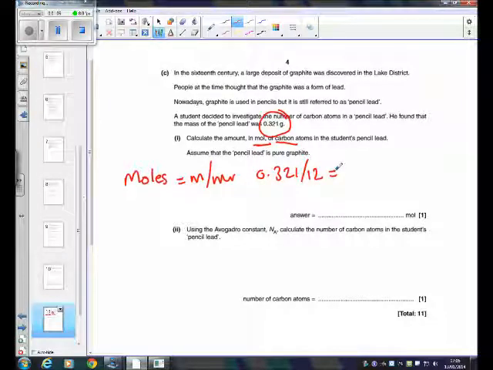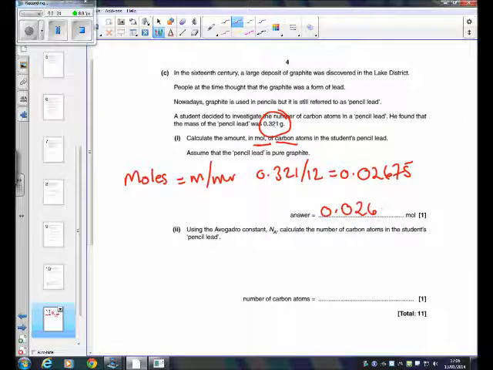That gives us a calculator value of 0.02675. Now, always give your answer to an appropriate number of significant figures, and in this answer, I'd give it to 3 significant figures. Reason being is this is given in 3 significant figures, and as long as you've got that, you've got 1 mark. They also would allow 0.027 for this answer.